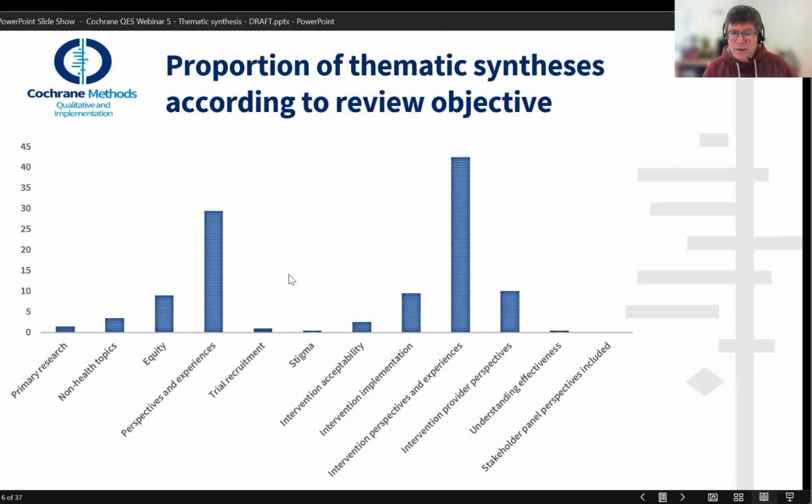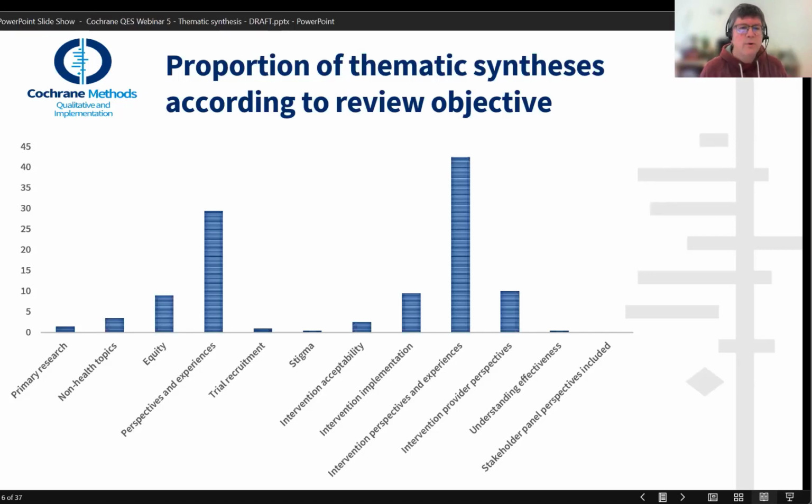There's a fair number of studies on trial recruitment, and some of those have been analyzed using this method. We've also been identifying reviews which have looked at issues relating to equity, and there are a few syntheses using thematic synthesis as a method which have used primary research as their data and also non-health topics. There's an interesting one on mountaineering, for example, that if you're wanting to find, I can point you towards.